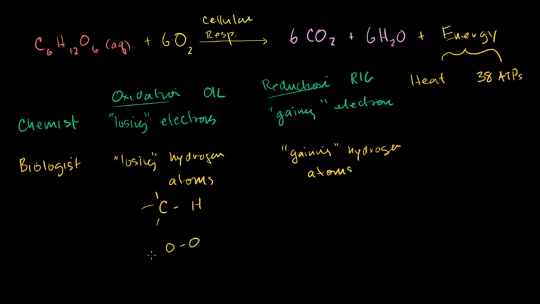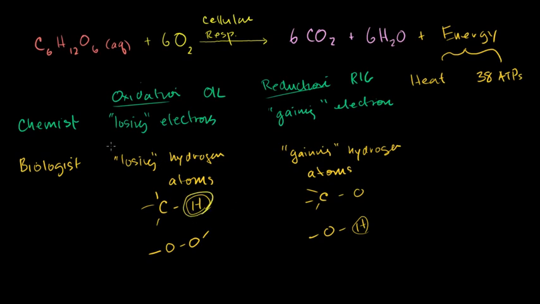I'm doing a very hand-wavy explanation here, and maybe that oxygen is bonded to something else. If this is what I start off with, and then on the other side of this equation I end up with something that looks like this, where the carbon is bonded to an oxygen, and maybe that other oxygen is bonded to this hydrogen. The biologists say, oh, this carbon has been oxidized because it lost its hydrogen, right?